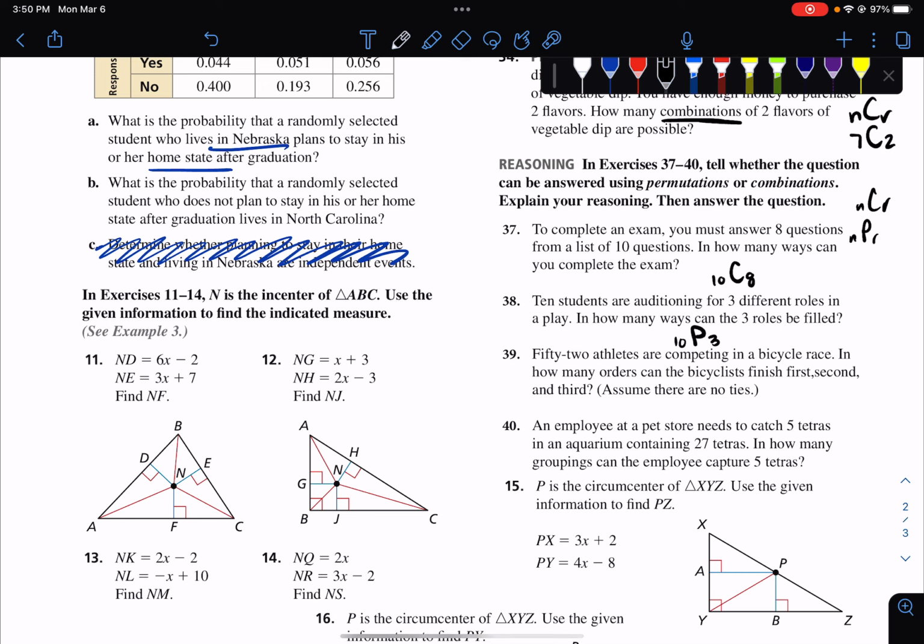So that would be 10P3. 52 athletes are competing in a bike race. So there's going to be a 52 here. In how many orders can the bicyclists finish first, second, and third? Well, the order definitely matters because first place is different than getting second place. So I'm going to do 52P3.